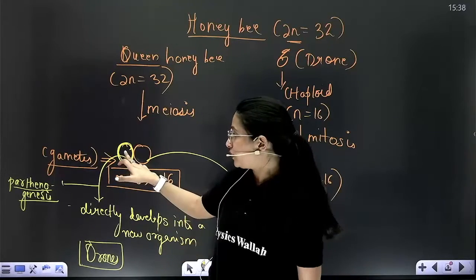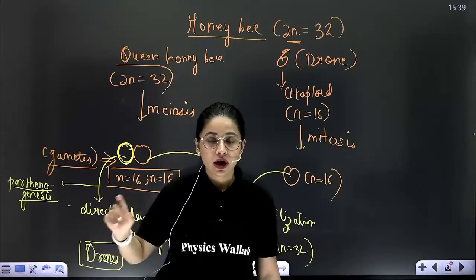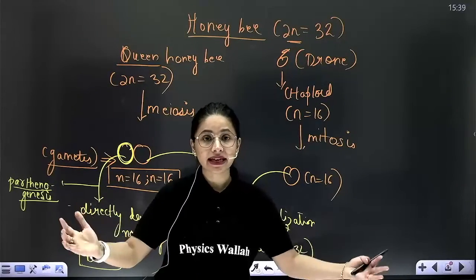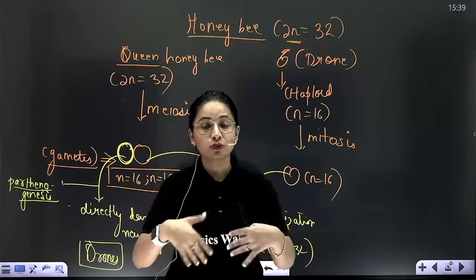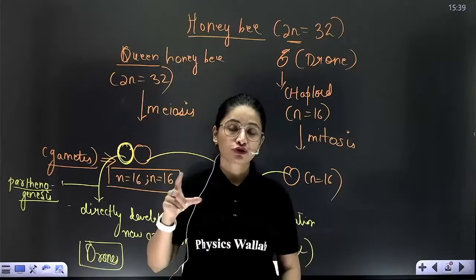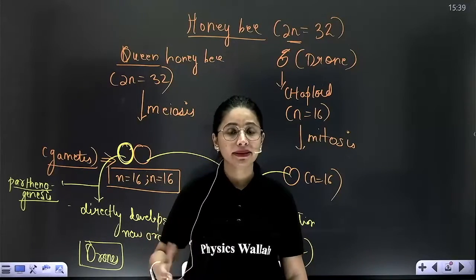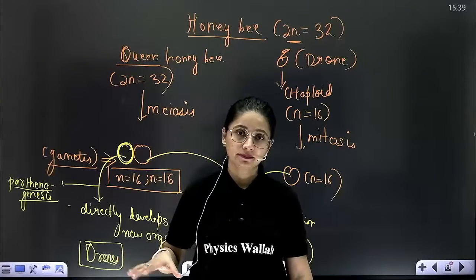This female gamete, instead of fertilization, will directly undergo mitosis. From one cell it will produce many cells, and that group of cells will develop into a male honeybee, that is a drone. So drones are always haploid, but the queen bee, the female honeybee, is always diploid.